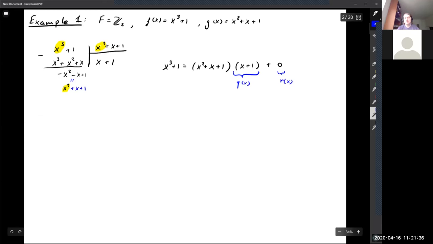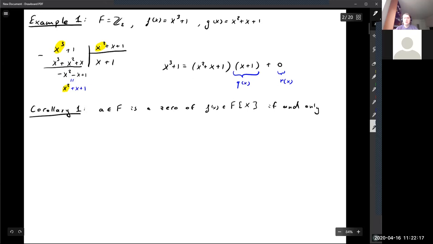The first, corollary 1, would be the following: an element a of a field F is a zero of a polynomial f of x over this field F if and only if x minus a is a factor of f of x in this polynomial ring.